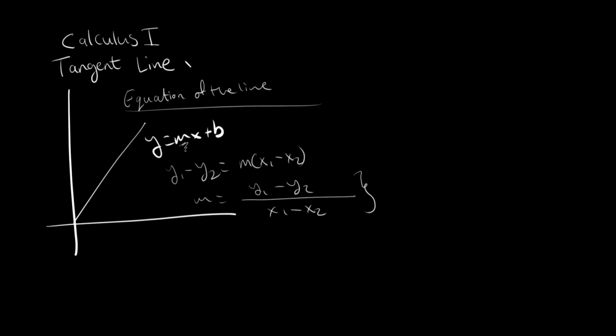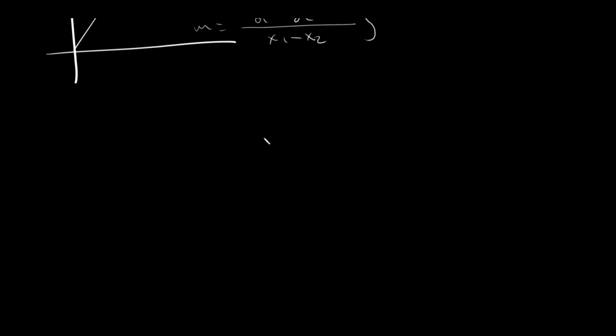The tangent line can also be called the instantaneous slope. Alright, so let's write a definition here.